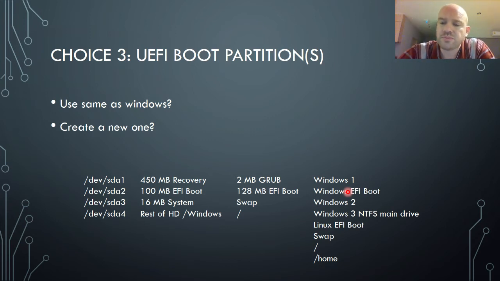So since this can break, there is something in EFI to handle that, which is you can set some priority so that if you have several EFI boot partitions, you start booting from one, and if that's broken, it automatically moves on to the next one.